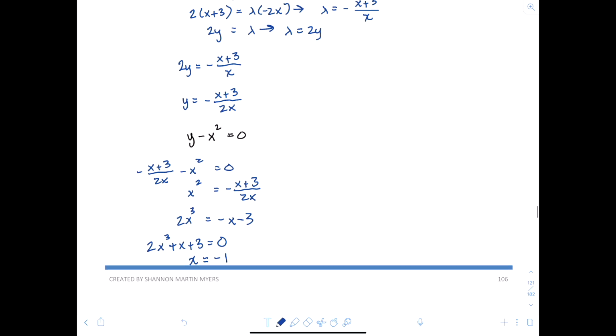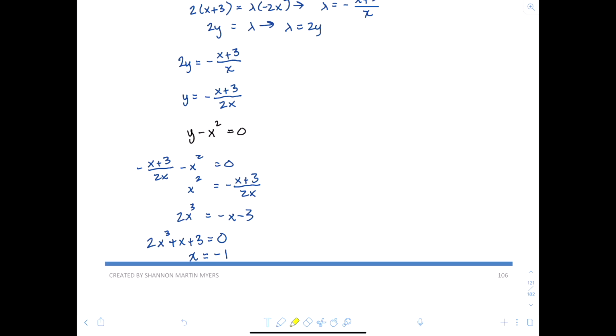And now, so this here was y. So now x is negative 1, and when we plug x equal to negative 1 into this guy here, again dealing with y minus x squared is 0, we get y minus negative 1 squared is 0.